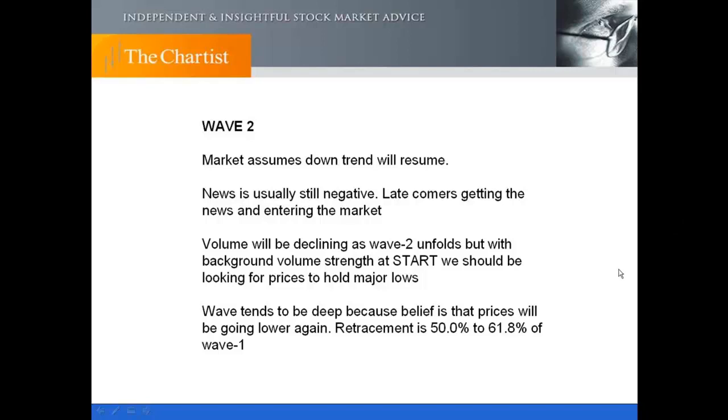The last thing to understand is that wave two tends to be deeper simply because people believe the prices are still going lower. They still believe the downtrend is in place. So wave two will typically be a much deeper retracement, i.e. it will tend to retrace 50% to 61.8%, but it essentially can retrace up to 99% of wave 1.